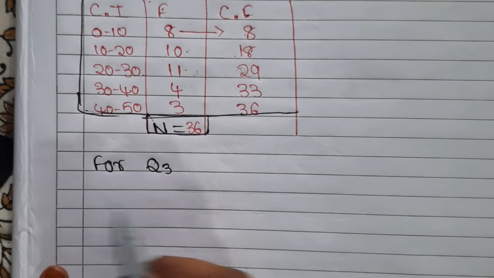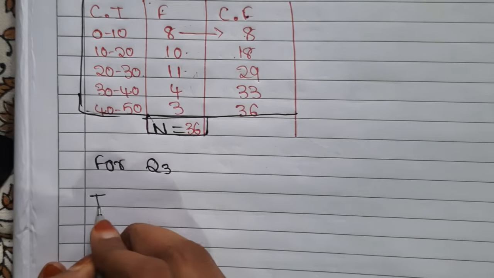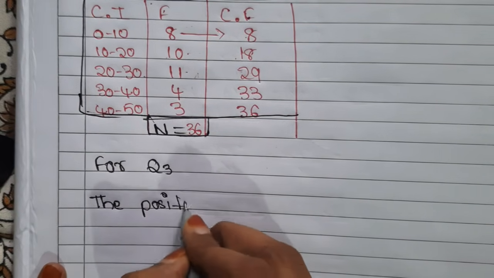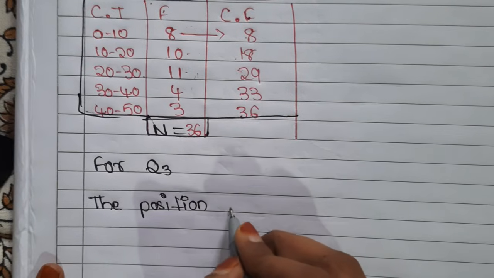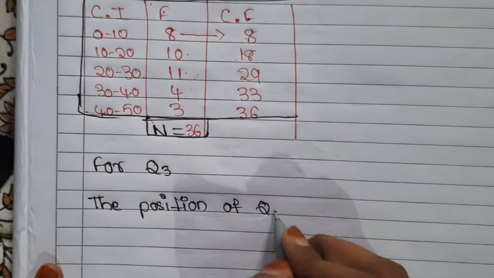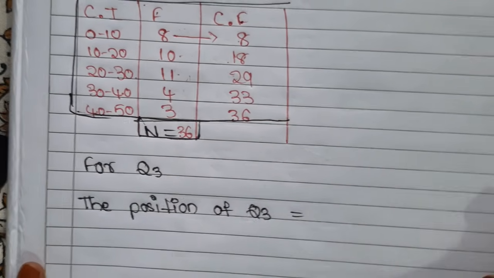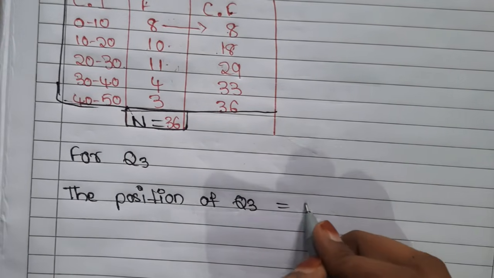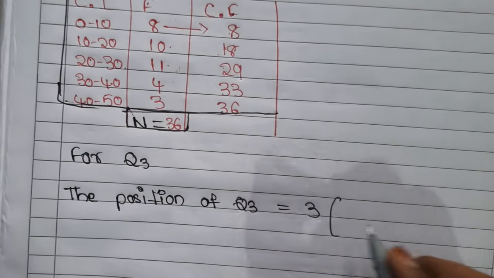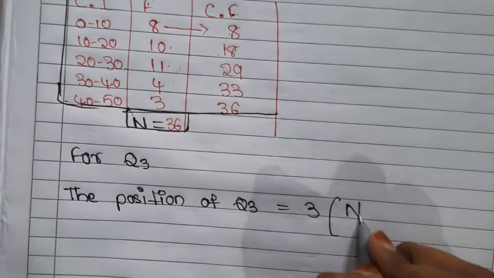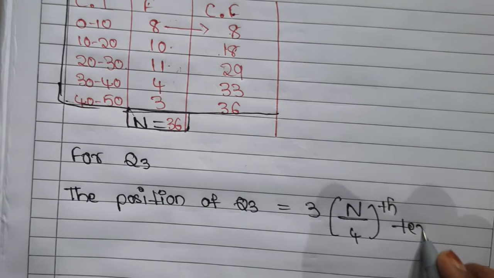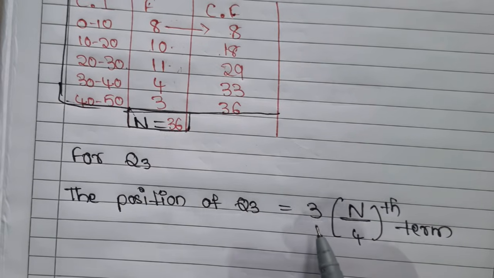After writing Q3, you have to write the position of Q3. How much is the position of Q3? The formula for the position of Q3 is 3 into n by 4th term.